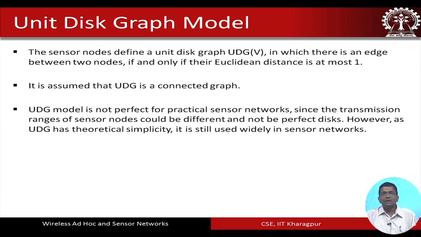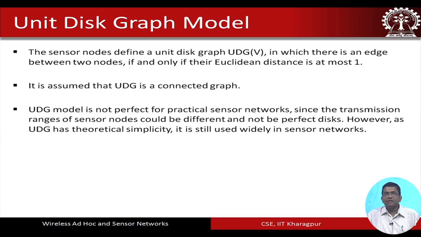Mind you, this is a theoretical concept, which says that the sensor nodes define a unit disk graph around them, which means that corresponding to every sensor node there would be a unit radius circle around it, which corresponds to the communication range of that sensor node.